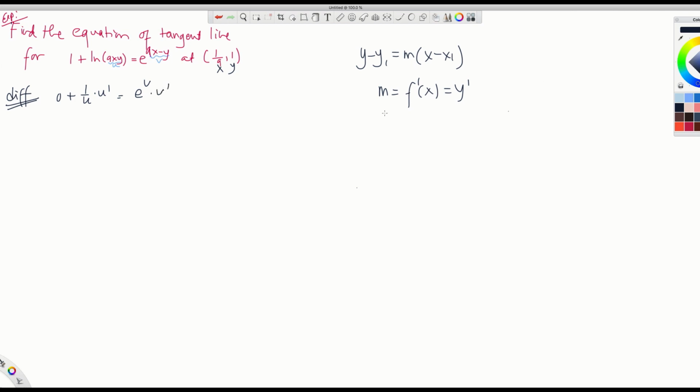Okay, let's plug in the values of u and v. It is 1 over 9xy times u prime, which is 9xy prime, okay, equals e to the v, which is 9x minus y, times v prime, which is 9x minus y prime. Let us do that one because there is a product form there, right?